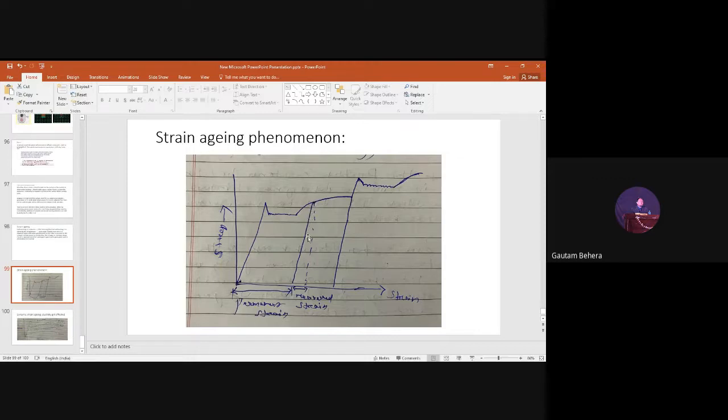So you can see I am doing unloading. Then after unloading, I will allow the specimen to be there at a relatively lower temperature for a particular duration of time. So after some time, I will again load the material. I'll apply stress or apply load on the material. You can see this is the graph. You can see what is happening.